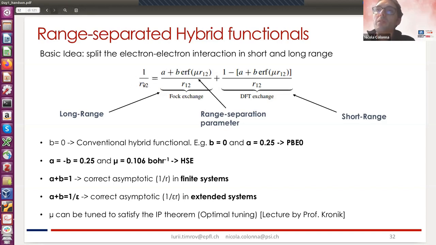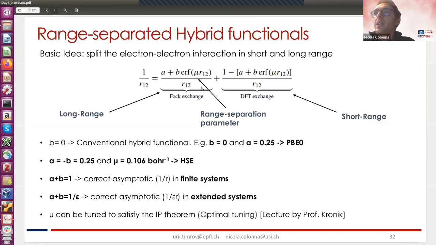You first rewrite the Coulomb interaction and divide it into a long range part and a short range part, and you treat the long range at Hartree-Fock level, and you treat the short range at DFT level. You have an extra parameter, the range separation parameter, and this was very well explained in the lecture this morning.